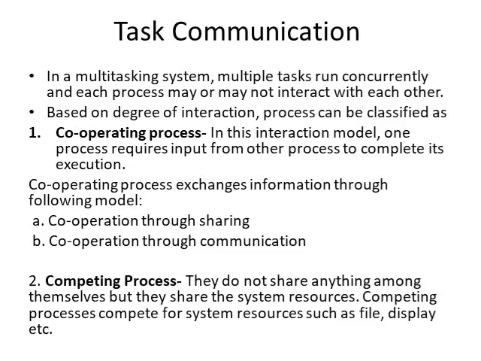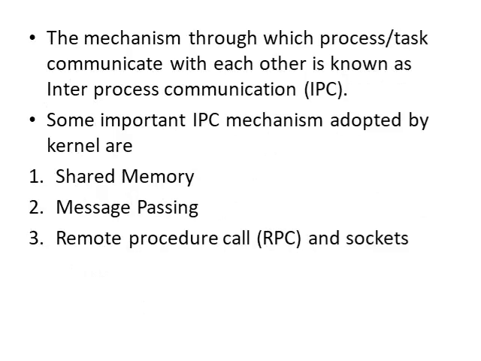So these are the different types of processes that can be classified based on the degree of interaction or communication, whenever there is communication between two or more processes or tasks. As you know, in this module we are using the words task and process interchangeably.